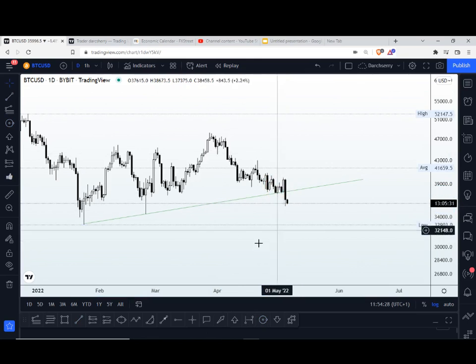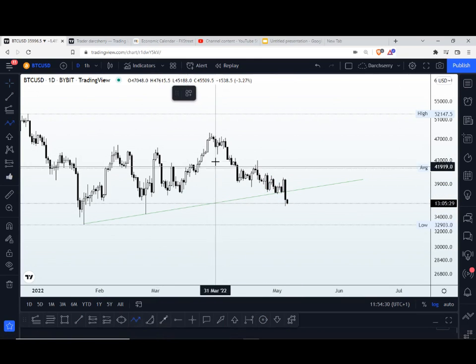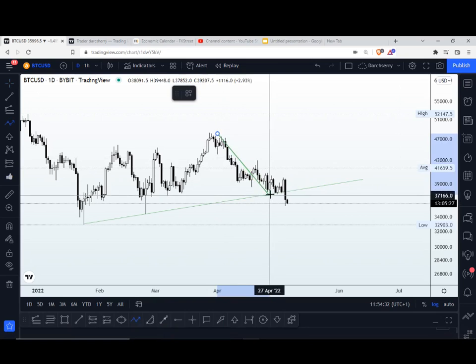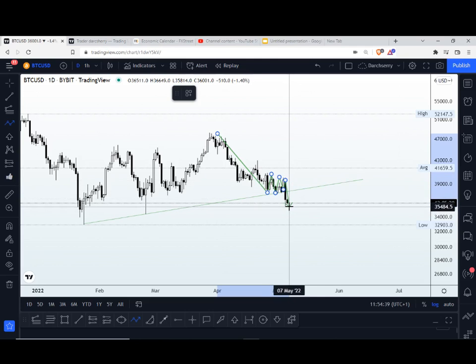This is a very critical level where we saw this bearish impulse leg, and we saw multiple rejections of this trend line. So now we don't know if this is a false breakout or a signal that we might be going down.